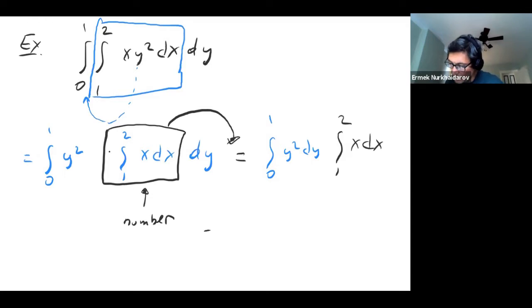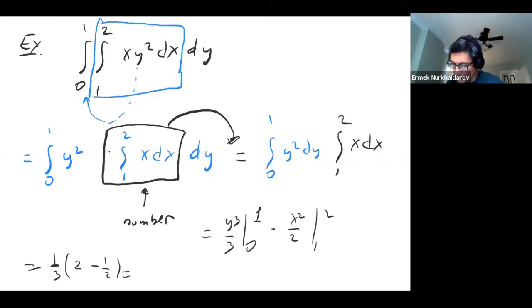We're going to get y cubed over 3 from 0 to 1 times x squared over 2 from 1 to 2. So we're going to get 1/3 times (2 minus 1/2), so 1/3 times 3/2, so 1/2.